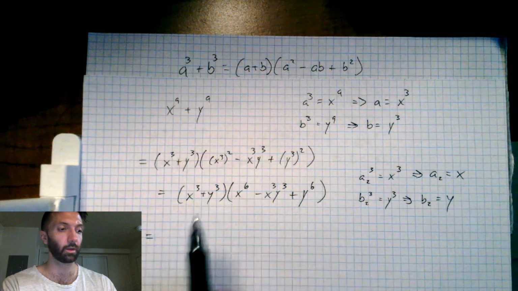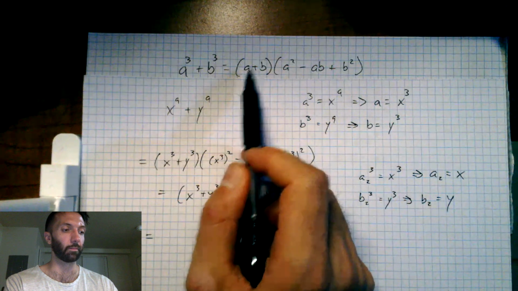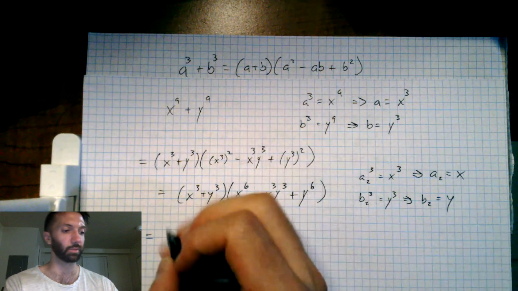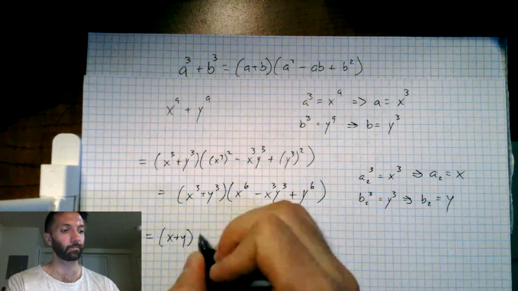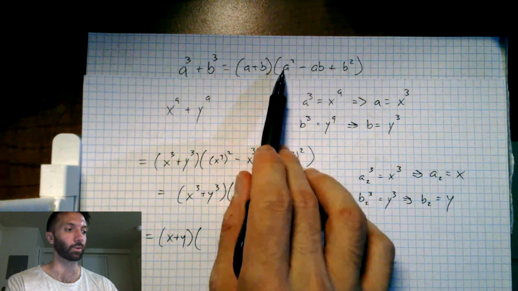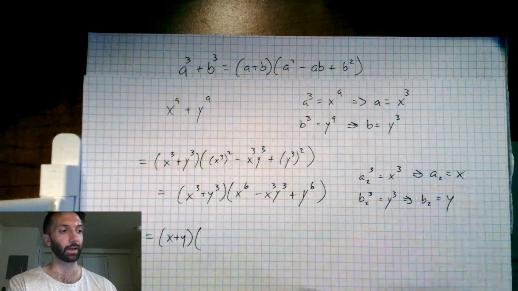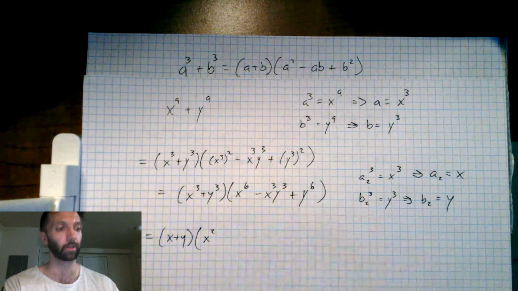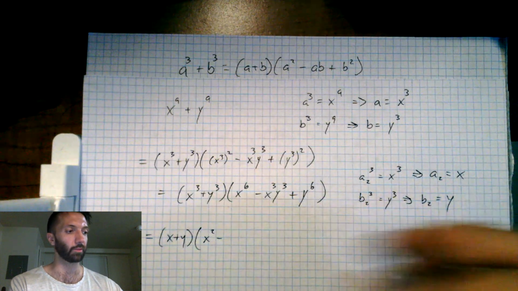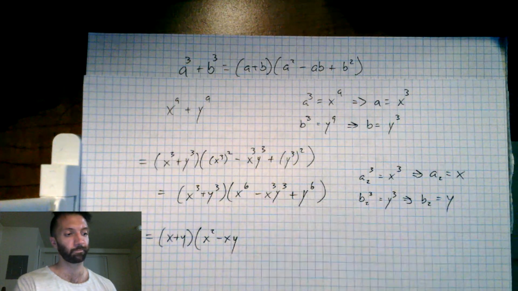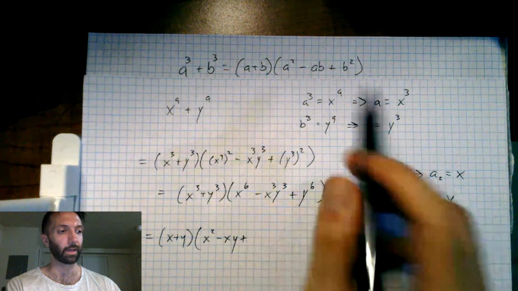So we're going to have a plus b. So a plus b is x plus y. And then we have a squared. Well, a is just x, so a squared would be x squared. Minus a times b, and then we add to that b squared.